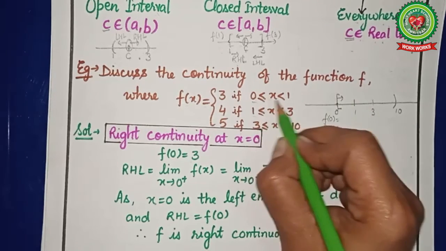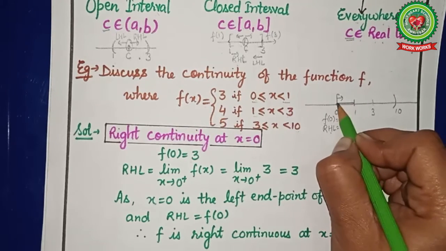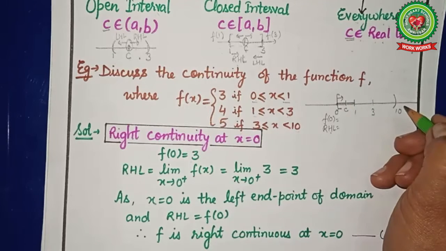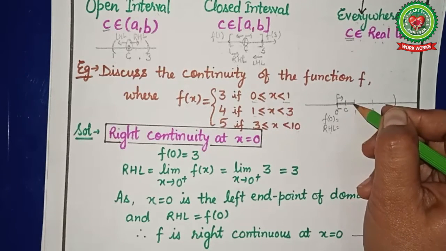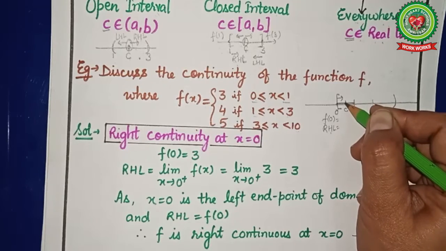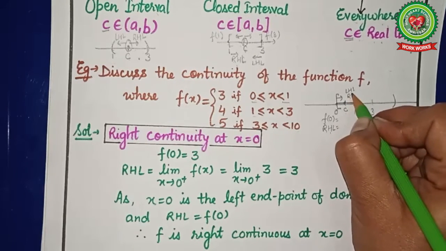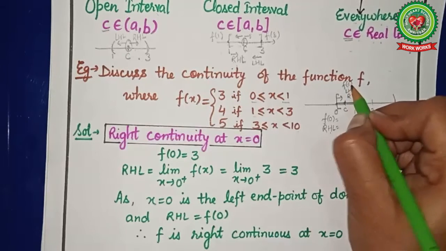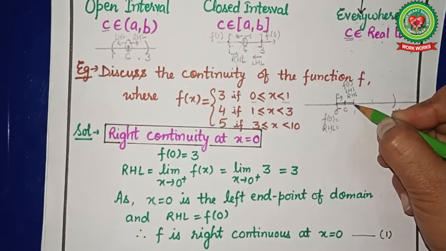Secondly, we will check the interval from 0 till 1. For 0 till 1, we will take one point c which belongs to this interval. Now for c, we will check the left hand limit, right hand limit and value of f(c), where c is any point between 0 and 1.